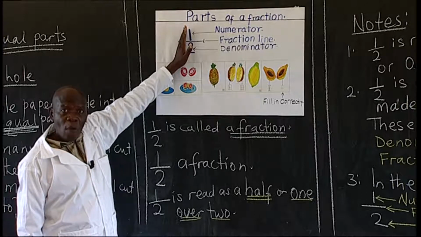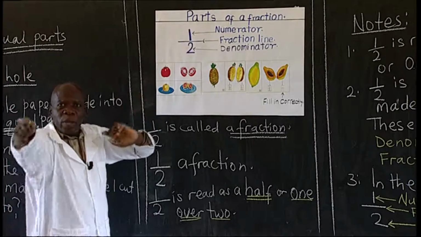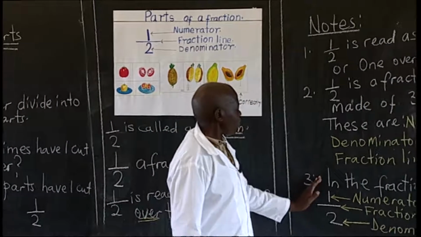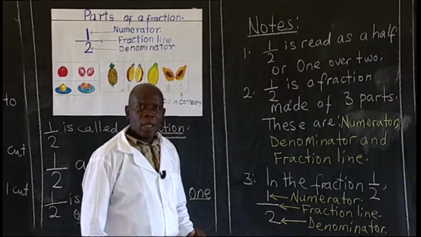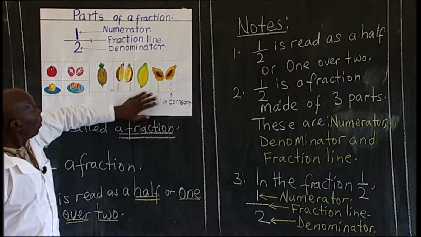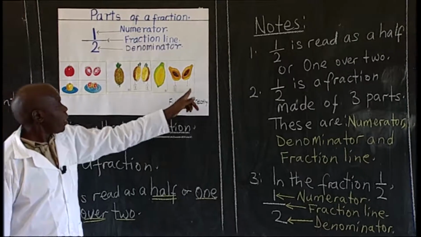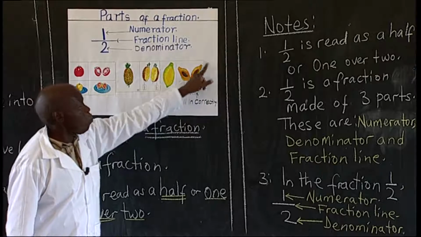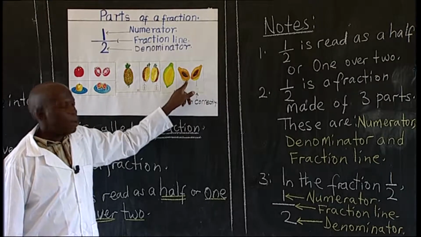So I want you to get your notebooks. Within 1 minute, copy these, and then we shall see in your notebook, when you draw these diagrams, make sure that you get to know what to fill here. This is a pawpaw. Again, pawpaw.